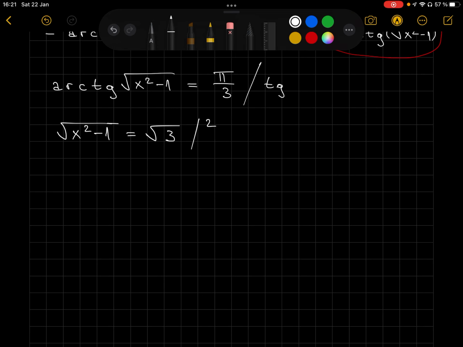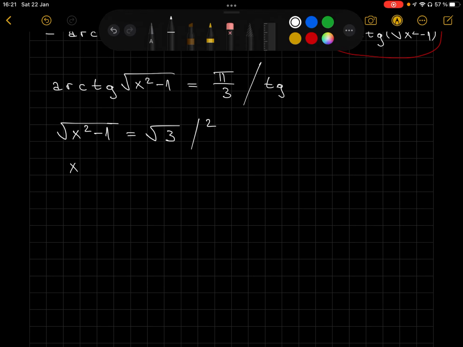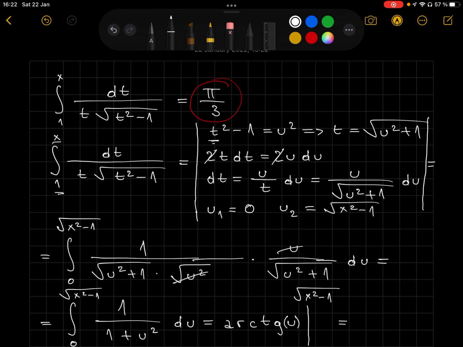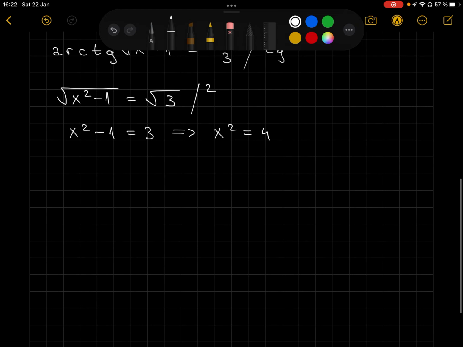Now we can square both sides, and we're going to get that x squared minus 1 is equal to 3. Therefore, x squared is equal to 4. When we assume our principal root, we're going to get that, by square rooting both sides of course, x is equal to 2.